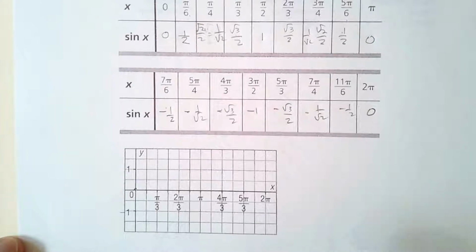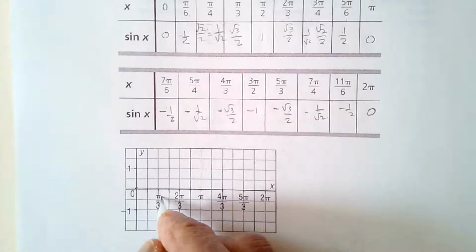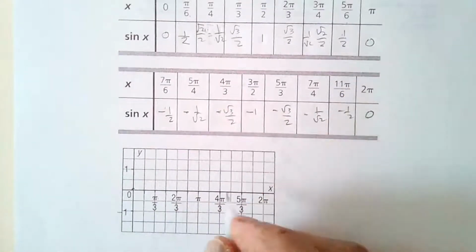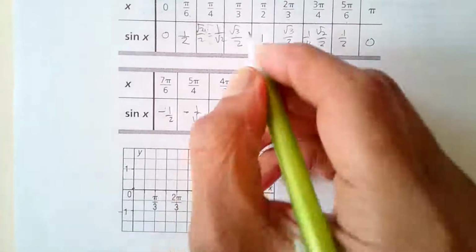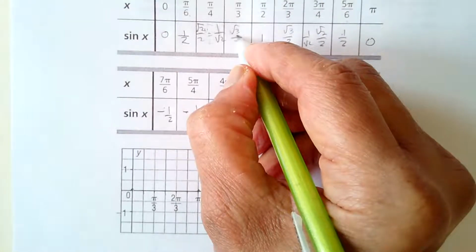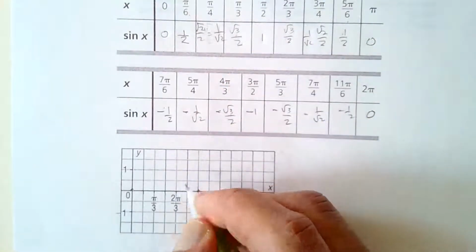So these are all, so we have 1/3. Now, we have 0 here. So pi over 3 is going to give us approximately, so pi, half a pi, so it's right here.